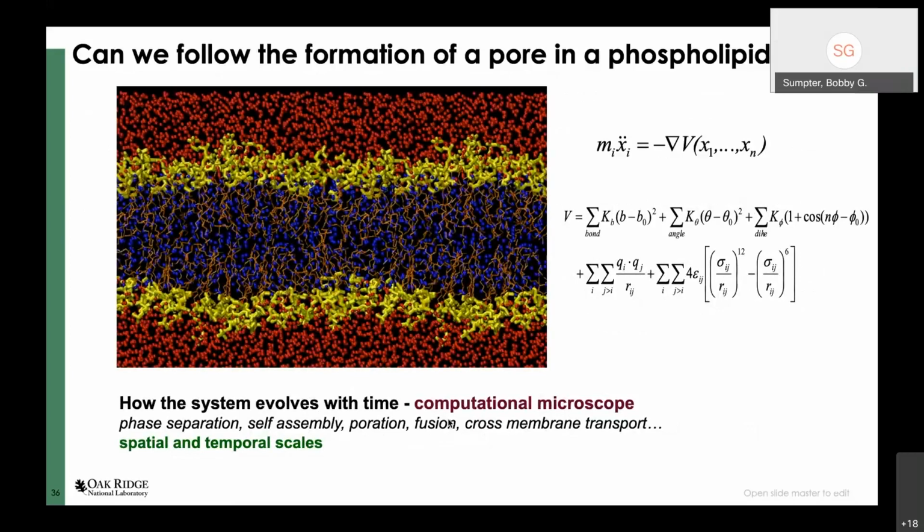This first example is a model of the cell wall, which is composed largely of a phospholipid, which is this thing here in the middle. Out here is the aqueous media. That red stuff is mostly water, and this is the cell membrane.